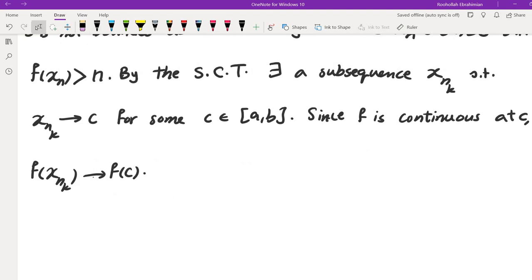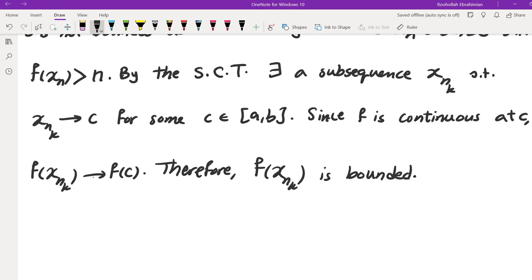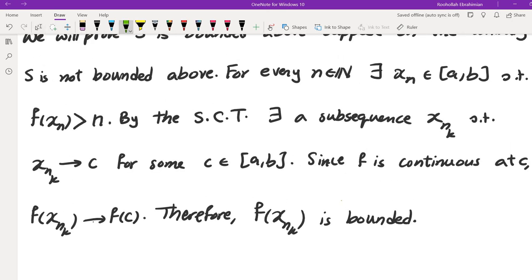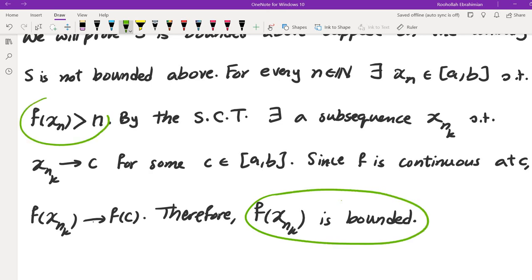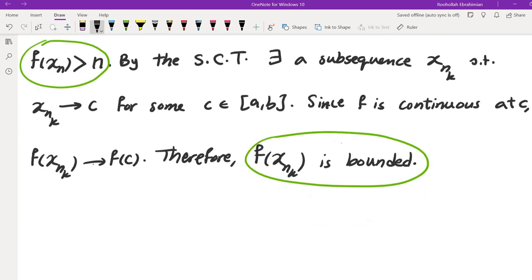Now, f of x sub nk is a convergent sequence, which means it would have to be bounded. Therefore, f of x sub nk is bounded. But this would violate the fact that f of xn is greater than n. How so? Suppose f of x sub nk is less than some number a.